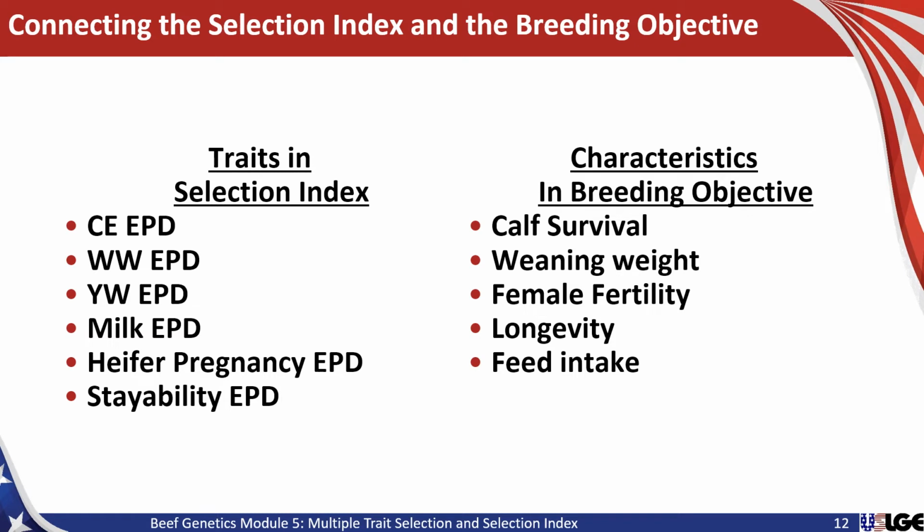So here we have traits in our index that are calving ease, weaning weight, yearling weight, milk, heifer pregnancy, and stayability. And those are related to the things that impact our profit, like calf survival, weaning weight, female fertility and longevity, and feed intake. We do not need to have an EPD for everything in our breeding objective.